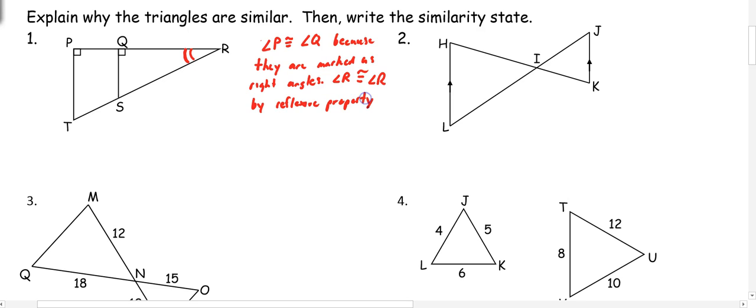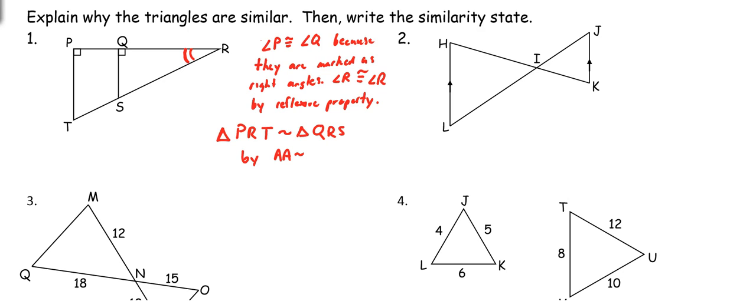So now that we know we have our two angles, we can say that the triangles are similar. So I'm going to name the big triangle first. So triangle PRT is similar to triangle QRS by angle-angle similarity.